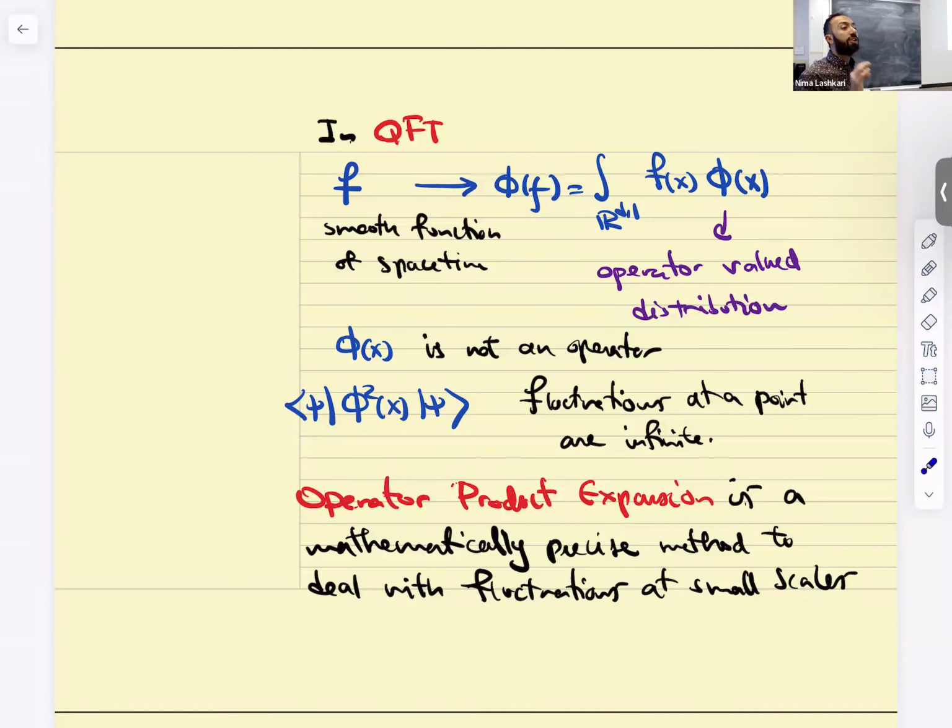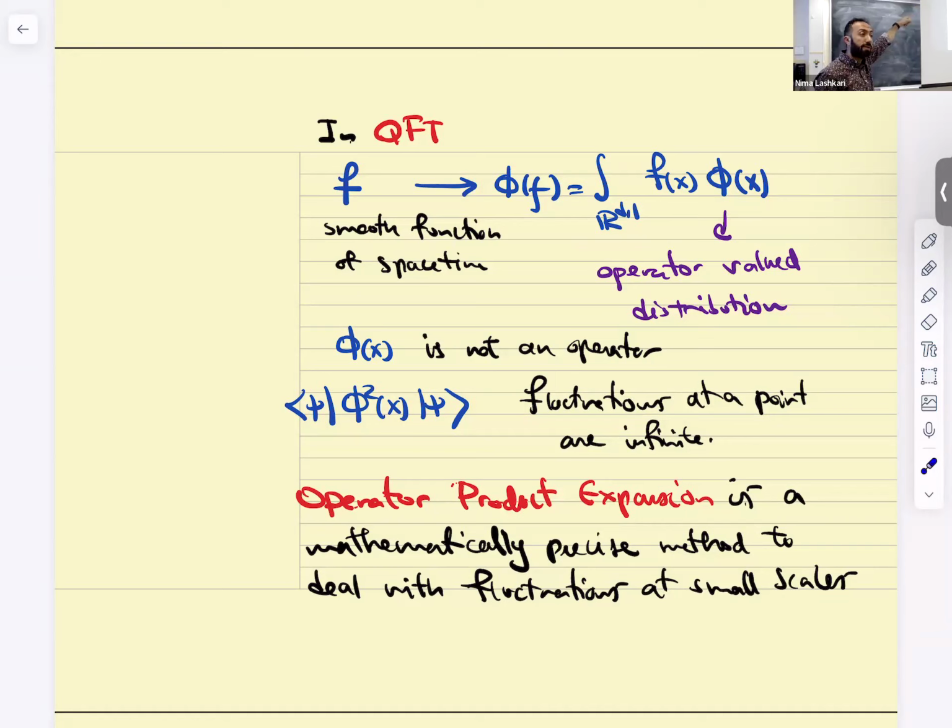Why? Because it has divergent fluctuations. What does it mean? It means that if an operator is well-defined, not only is its expectation value well-defined, but also its variance and all its fluctuations. What's the variance of an operator? The expectation value of A squared, minus the expectation value of A, squared. Now, for that to be well-defined, phi of x squared as an operator should have finite expectation value. But that thing blows up.